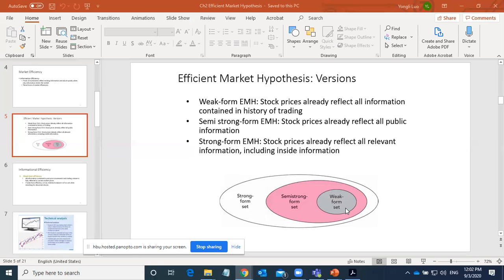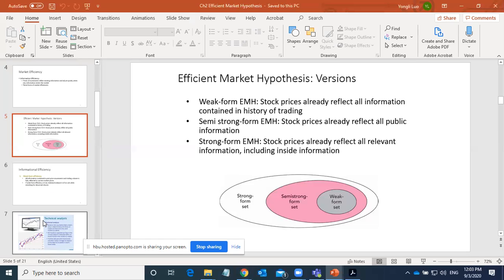So you hear someone, for example at ExxonMobil, their president tells you they're going to have a very good project earning tons of money, and the following day you purchase ExxonMobil and the price jumps up, you made money. That is not possible under the strong form. The strong form says it reflects all the information. Even if you get private information, it's already reflected in that price. So you cannot make money. That's the strong form.